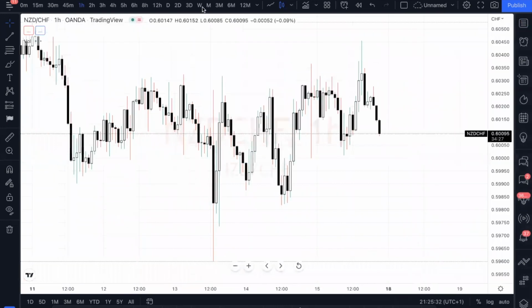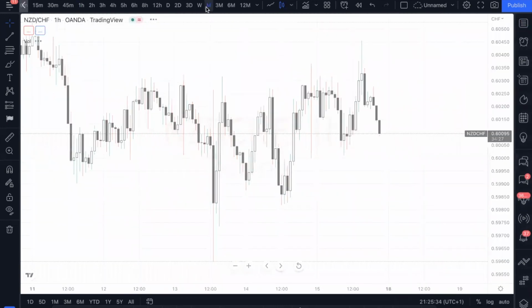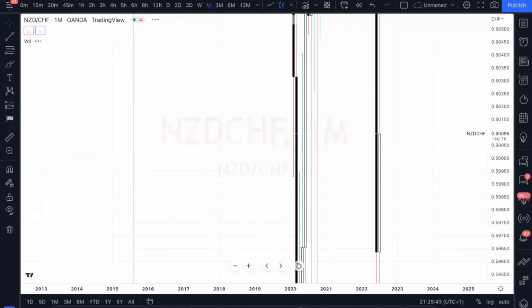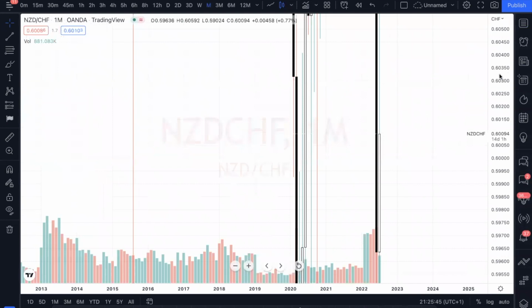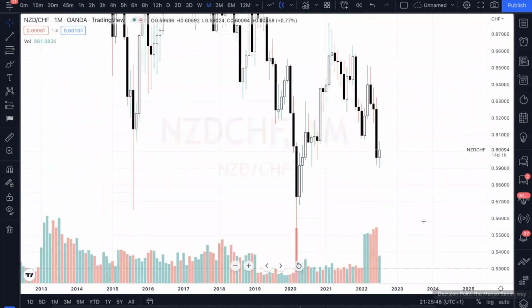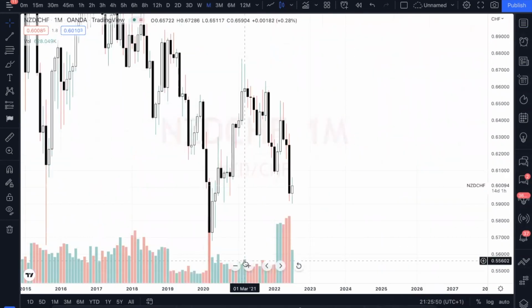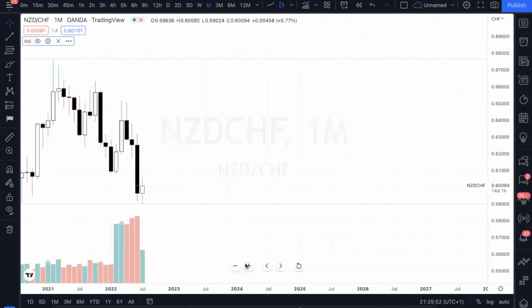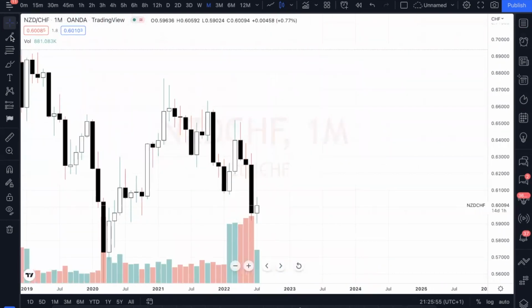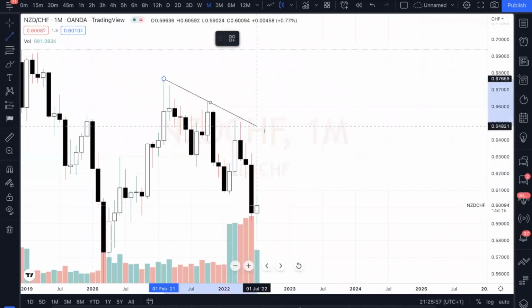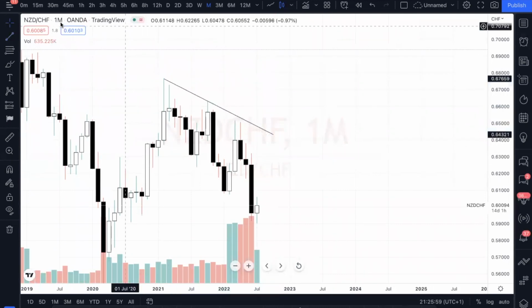So I'm going to the monthly chart. Okay, nice, it hit the level.